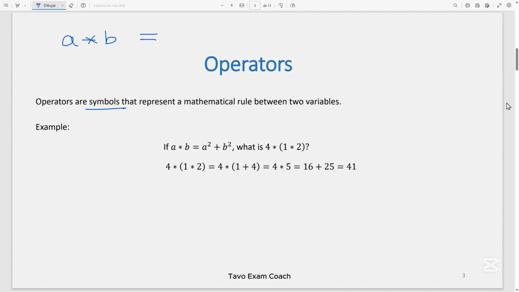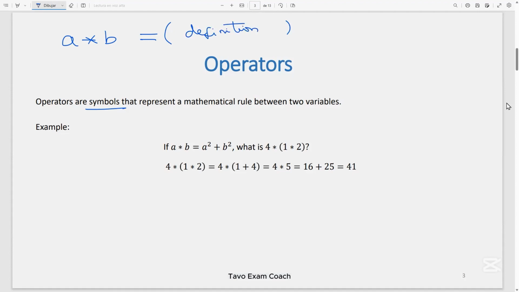On the left side of the equality, we would write what a typical operation with that symbol would look like: A asterisk B. This means doing the operation asterisk between the two values A and B. On the right side, you would find the definition of the rule.